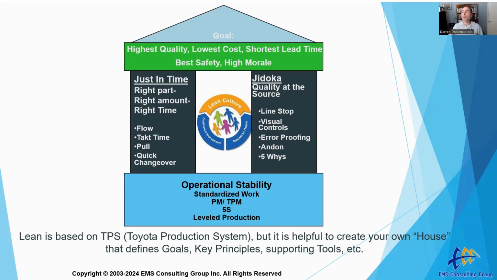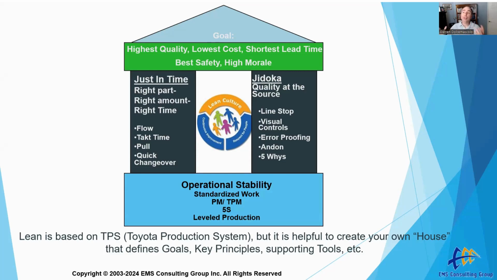The other pillar is quality at the source. Quality at the source is the idea that we never knowingly want to pass defective product or information to the next downstream customer. And there are different tools and principles that support quality at the source. I'll mention one of them, and that is mistake proofing or error proofing, which is a very important concept in Lean and Lean Six Sigma.